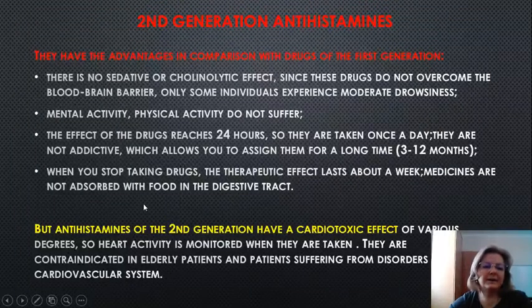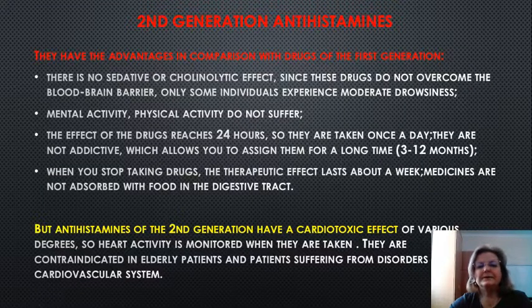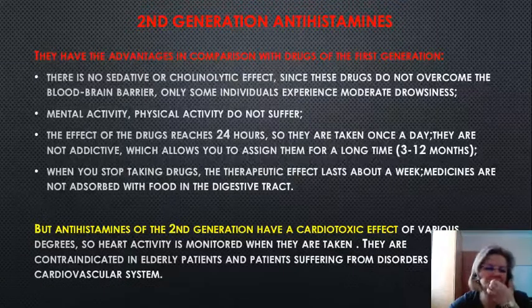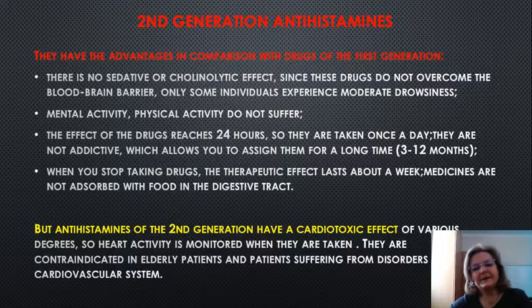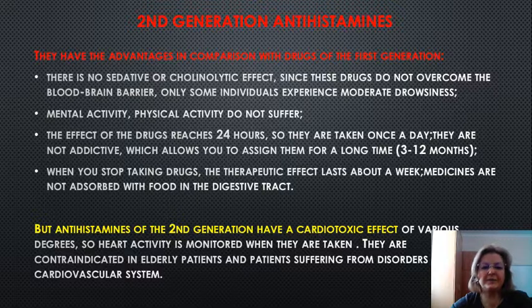These preparates have some advantages in comparison with drugs of the first generation. There are no sedative or cholinergic effects, since these drugs do not overcome the blood-brain barrier. Only some individuals experience moderate drowsiness. And mental activity and physical activity do not suffer.